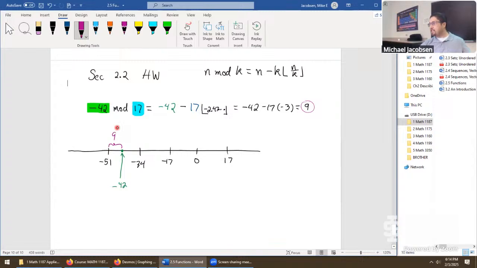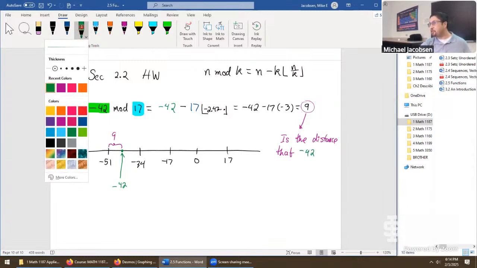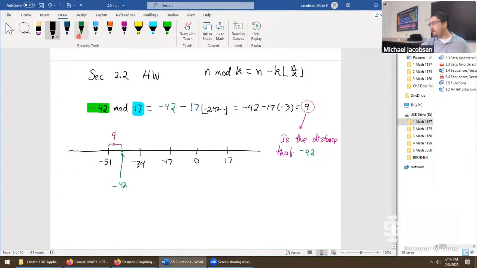And so the analogy here is that 9 is the distance that negative 42 deserves color coding, because this is kind of strange for sure. The distance that negative 42 exceeds, because we're thinking going to the right.